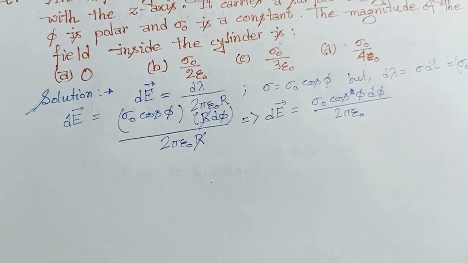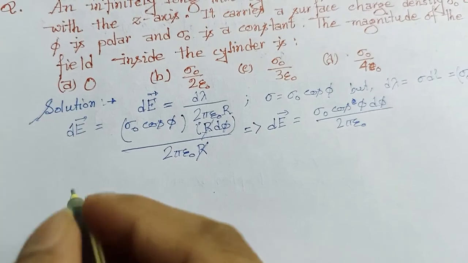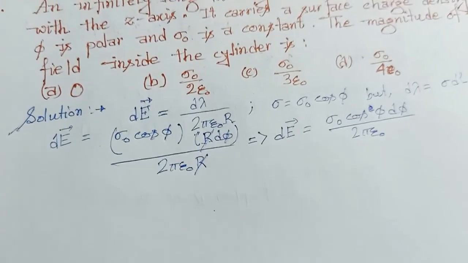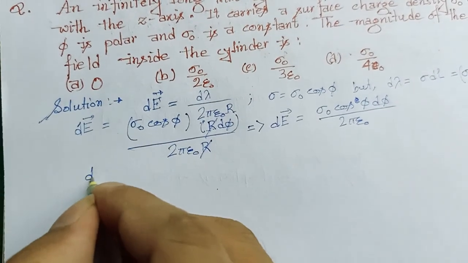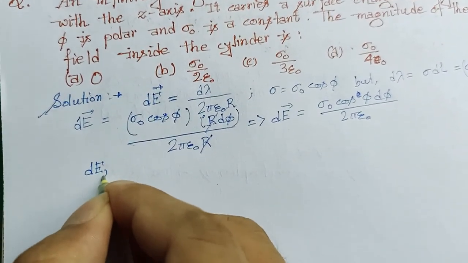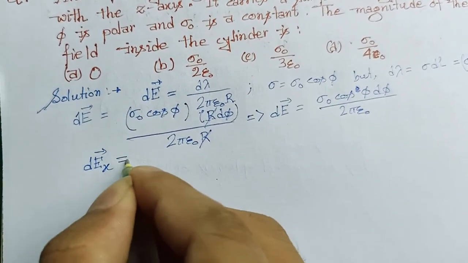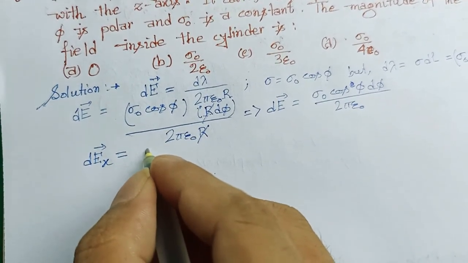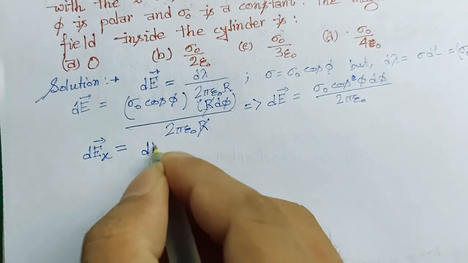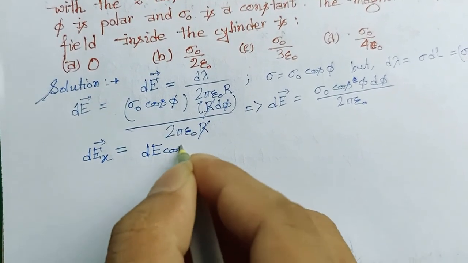Along the axis of the cylinder, the electric field component will be dEx. So we can write dEx is equal to the cos component of dE, so dEx equal to dE cos phi.